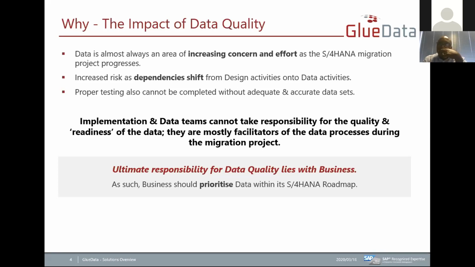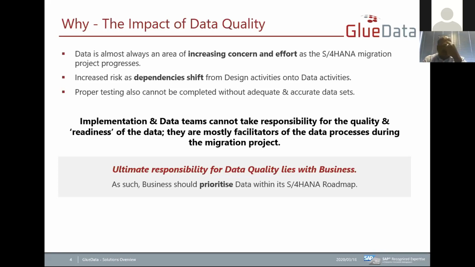Furthermore, once the data migration project progresses to the realize or build phase, dependencies will shift from design activities onto the data activities and configuration, etc. So the data team, while executing the ETL process, may need to deal with these data issues, supporting business to fix the data issues, which reduces their capacity and increases the risk once again.